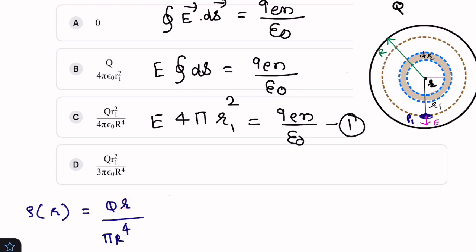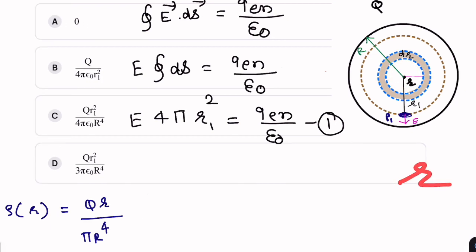When r increases, rho changes. The volume charge density changes. Therefore, for calculating Q enclosed by the Gaussian surface, we first consider a differential area 4 pi r square of radius small r, and its thickness is dr.